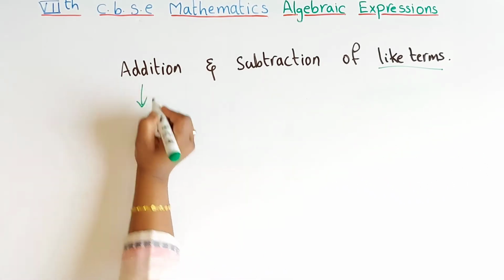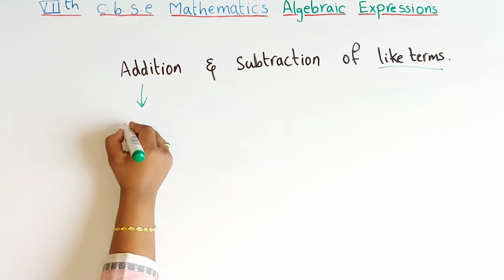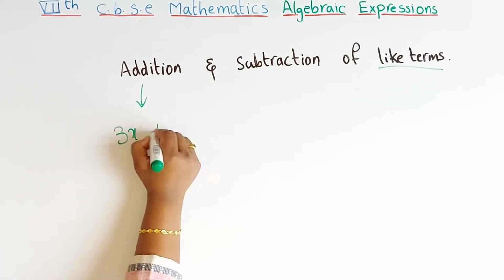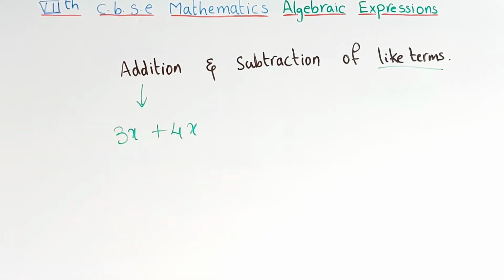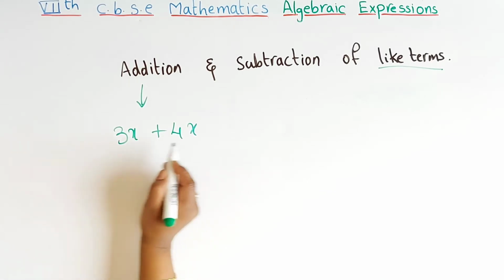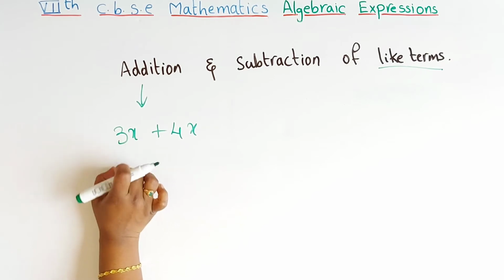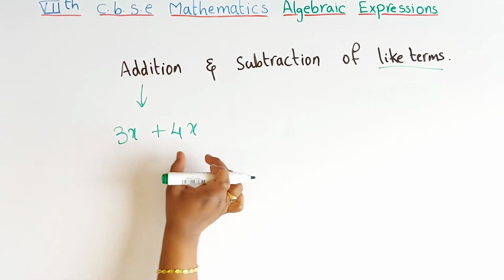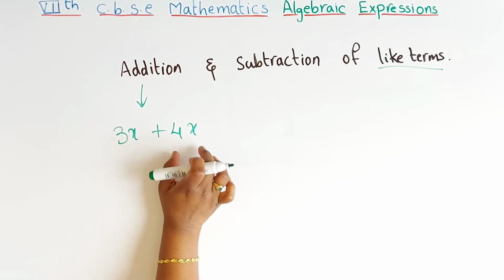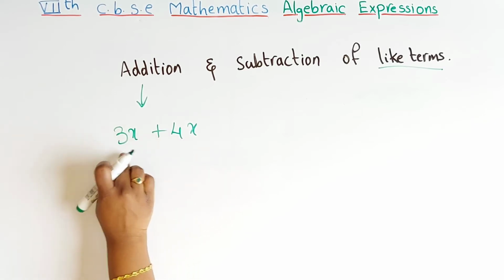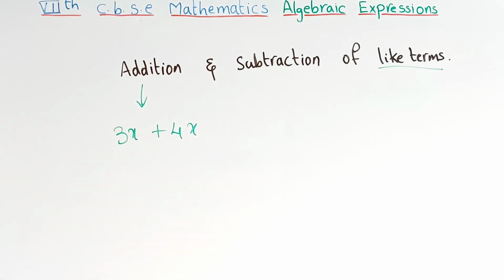First we will see addition of like terms. 3x plus 4x. Right? 3x is one term and 4x is one term. Now see the factors: 3 into x, here also we have the x factor, and 4 into x, here also x is a factor. Both are like terms. Now how to add these like terms?